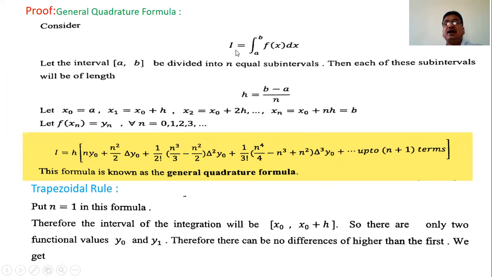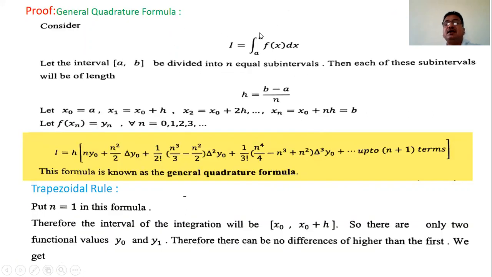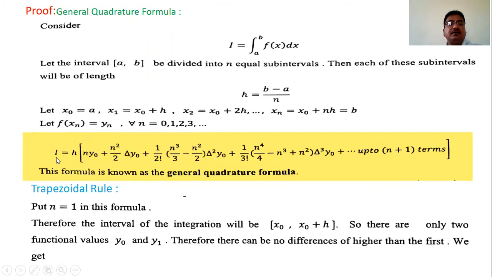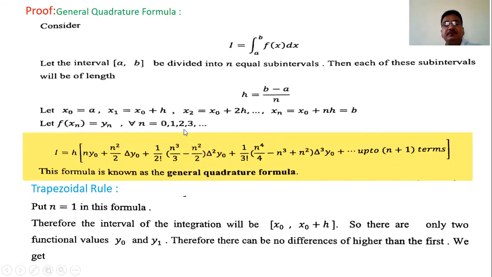So the integration from x naught to x naught plus h of f(x) dx is equal to h in bracket y naught plus 1/2 delta y naught.